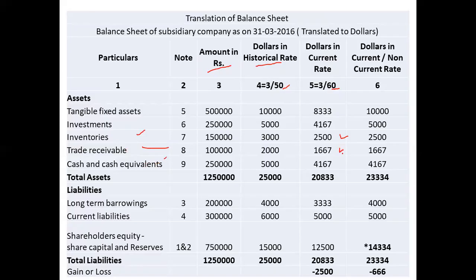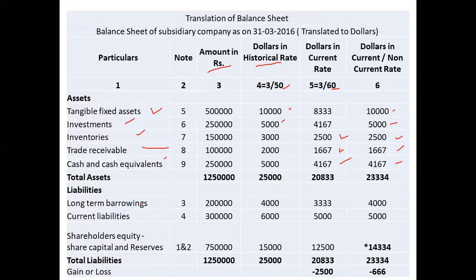So the same current value is taken into the last column at the current rate. Then tangible assets are non-current assets. Investment as a long-term non-current asset should be taken at the historical rate.